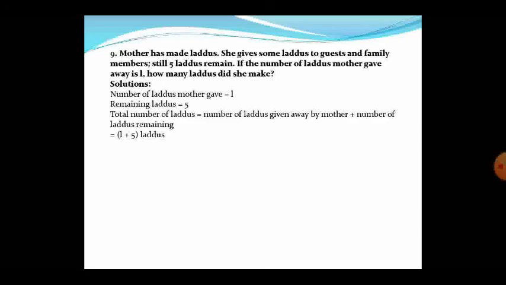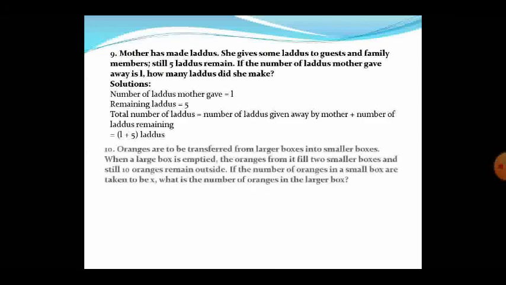So you need to find the total number of laddus. How many laddus did she make means total number only. Total number of laddus means addition: number of laddus given by her mother plus number of laddus remaining. So L plus 5.